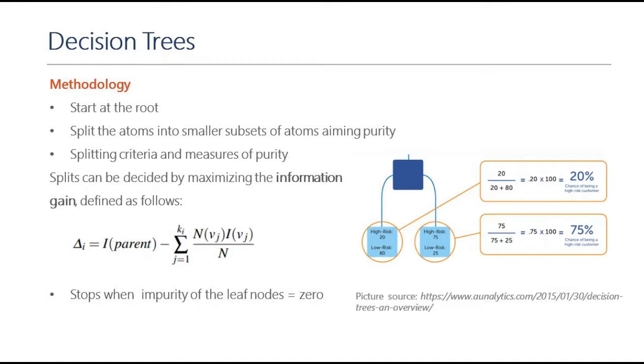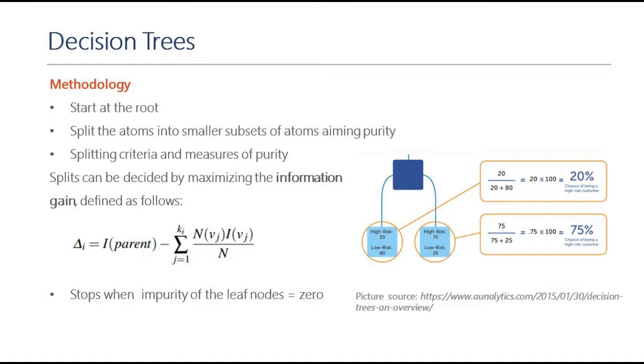When building the tree, we start at the root and split the atoms into smaller subsets of atoms. Each subset should be as distinct as possible in terms of the target indicator. This goal is achieved by iterating through each indicator as it relates to the target indicator, and then choosing the indicator that best splits the data into two smaller nodes.